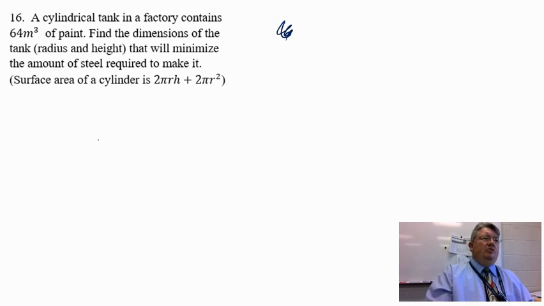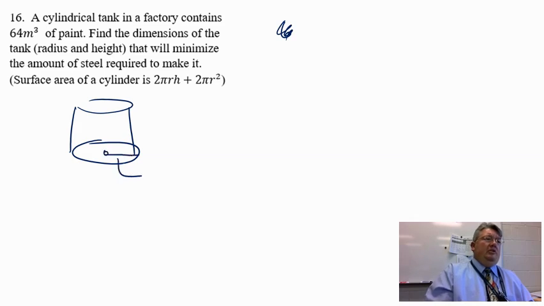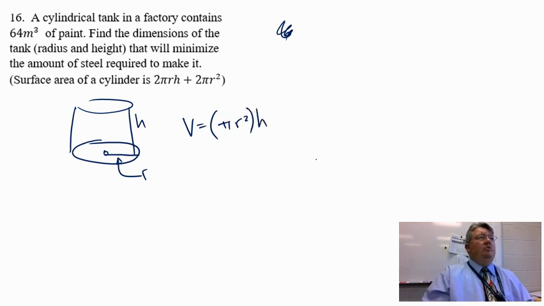Well, a cylindrical tank looks like a cylinder. There's my R and there's my height. The volume is equal to base area, which is pi r squared, times the height, which is that.